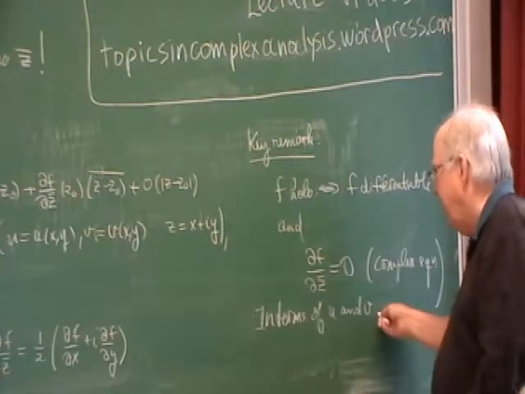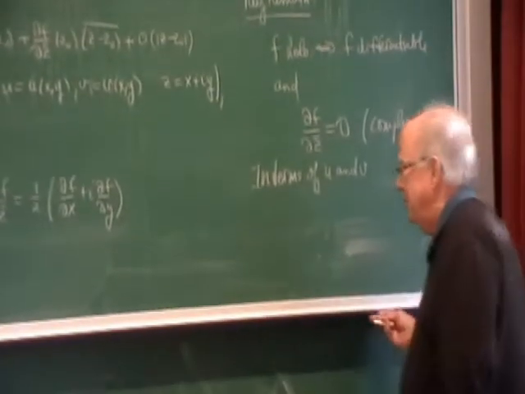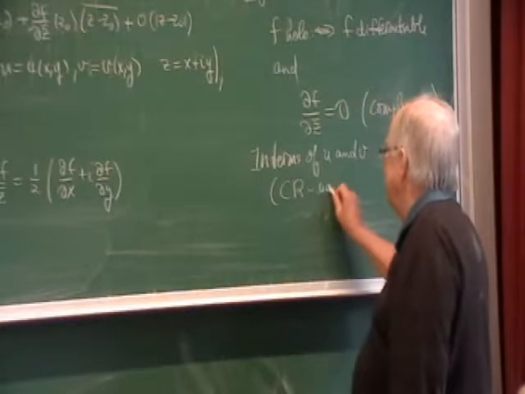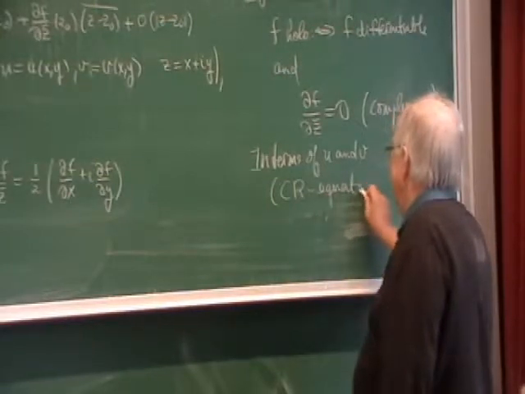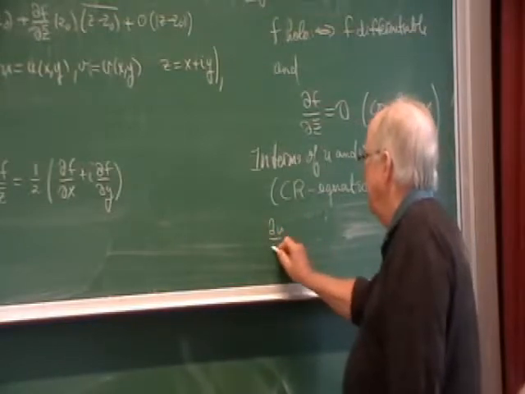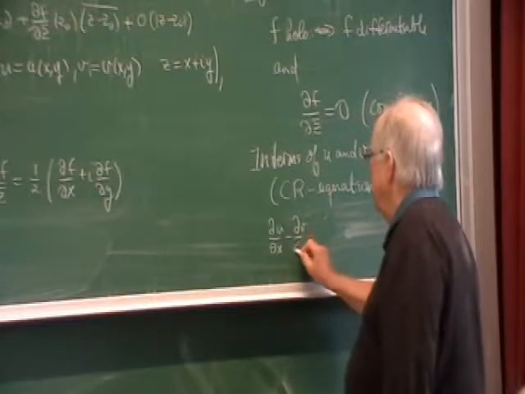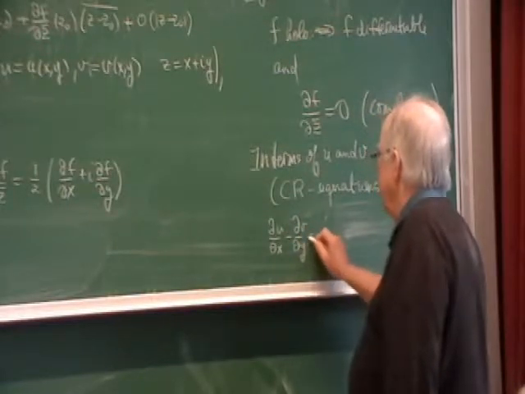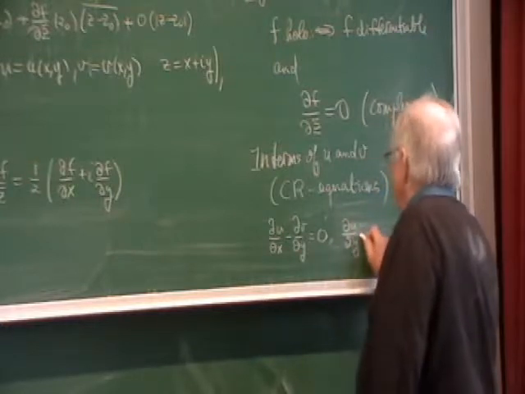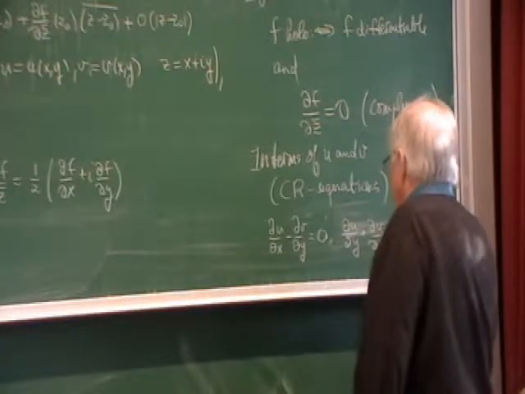So in terms of u and v, the way Cauchy would consider this, and maybe a little bit Riemann at first, you have what are called the Cauchy-Riemann equations. Which is partial of u with respect to x minus partial of v with respect to y equals 0, and partial of u with respect to y plus partial of v with respect to x equals 0.